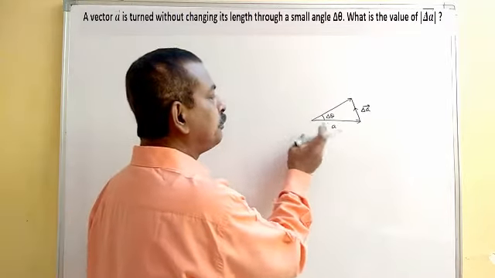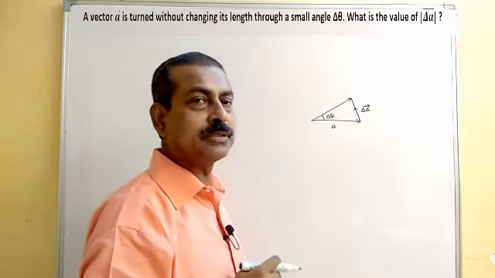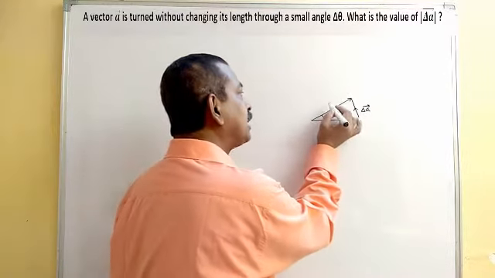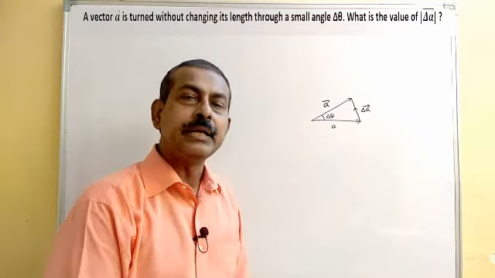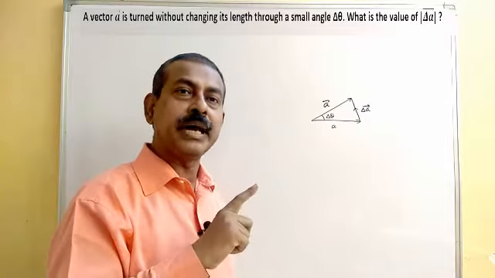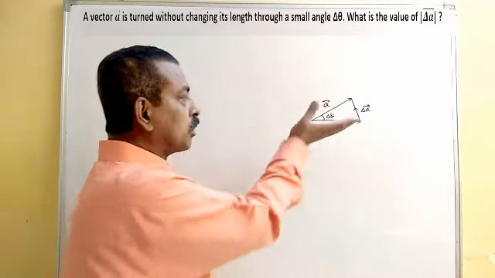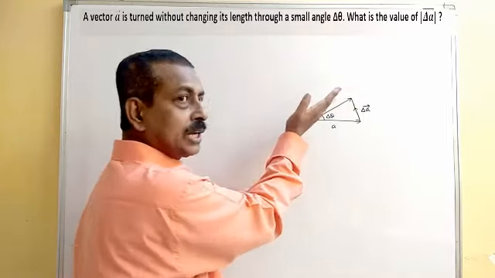Now, if vector A is turned through delta theta without changing its length, will it remain vector A? Remember, it is the same in magnitude, but not in direction. Earlier the vector A was in this direction, now it is in this direction.